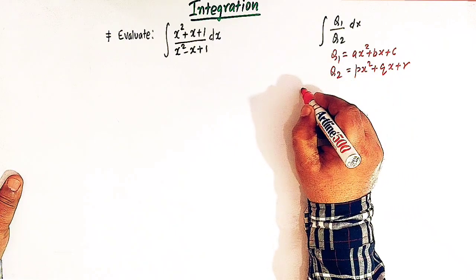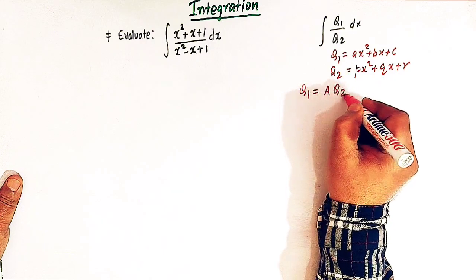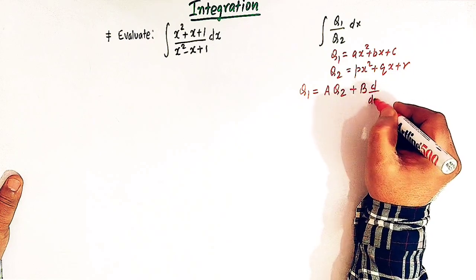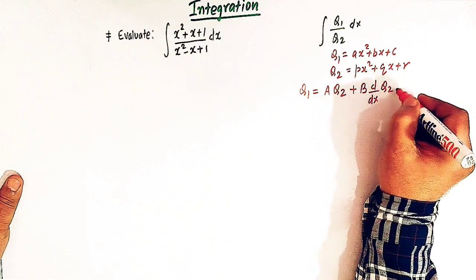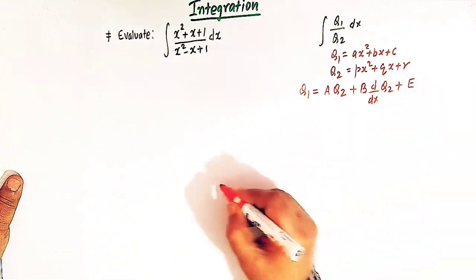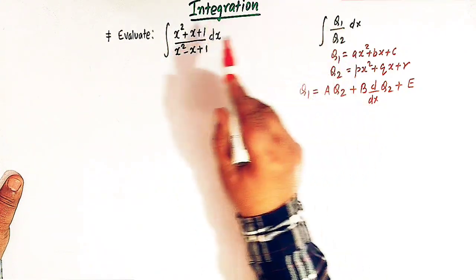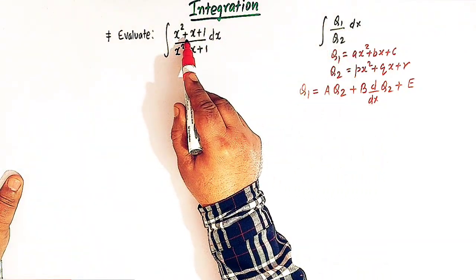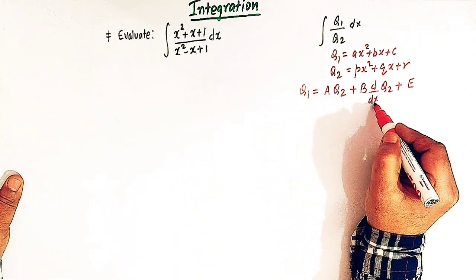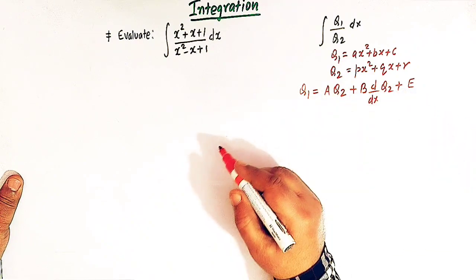So what we will do, we'll express q1 as a times q2 plus b times the derivative of q2, and then we have another constant, say e, right? So we express the quadratic function q1 in the numerator as a times q2 plus b times the derivative of q2 plus e, where a, b and e are constants.